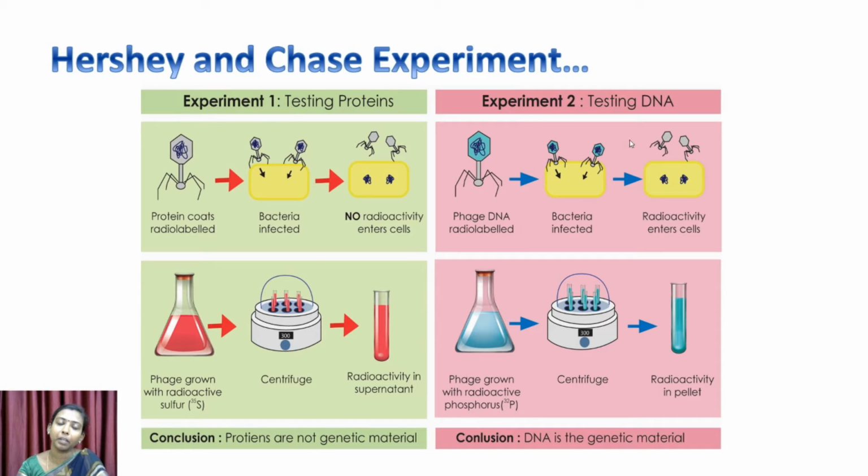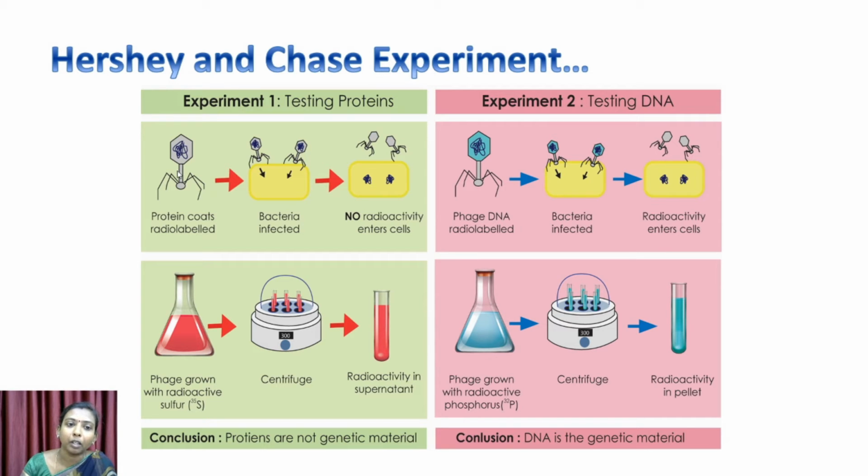The experiment begins by cultivating viruses, that is the bacteriophages, in two different media. Let us consider the media as A and B. In medium A, the protein is made radioactive. How is it possible?